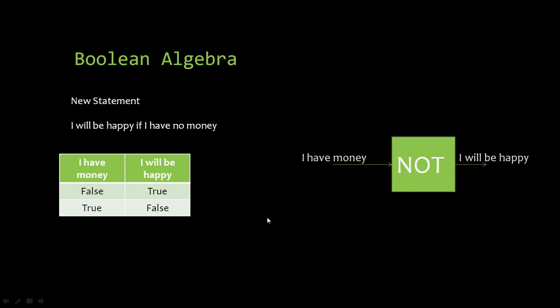So when we have a not, or a negation, as it is called in Boolean algebra, the output is a negation of the input. In order for the output to be true, our input has to be false. The inversion or the not is the simplest operation in Boolean algebra.